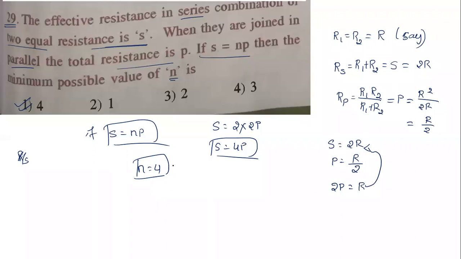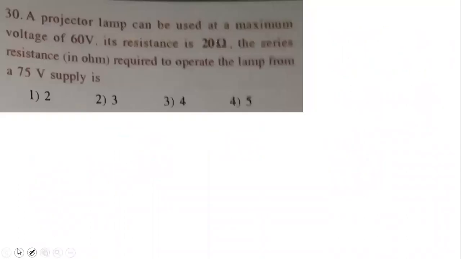So here N equals 2 square RP, so it will be 4 RP. So the answer is 4. That's question number 29.